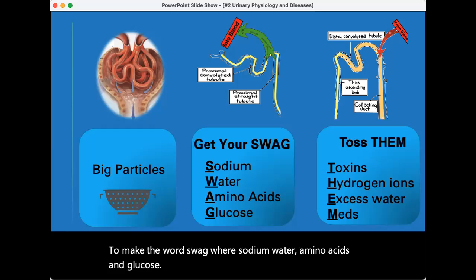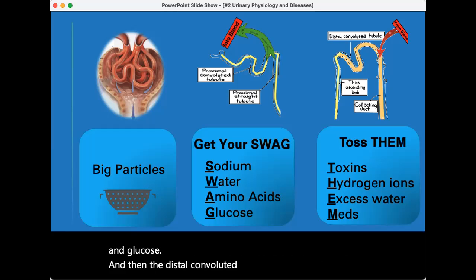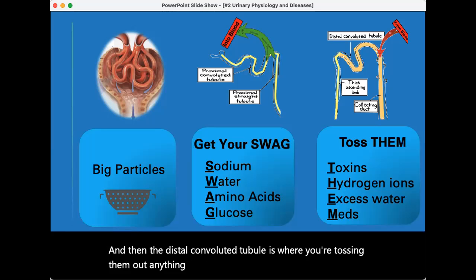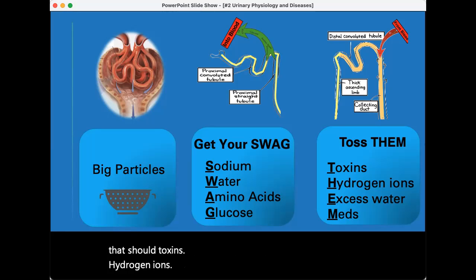And then the distal convoluted tubule is where anything that's unwanted is getting tossed out. So that's your toxins, hydrogen ions, excess water, and medications. And the acronym I put for that is THEM. So squeeze out big particles, get your swag, and then toss them out.